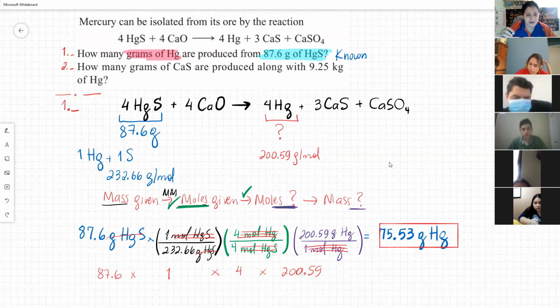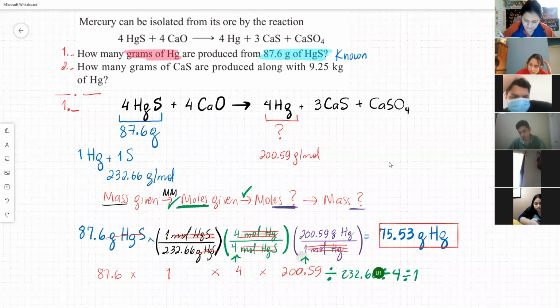Then you're going to divide everything that is below, so divided by 232.66, divided by 4, and divided by 1. How much did you get? 75.53.